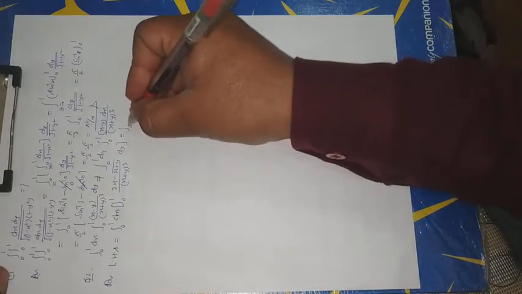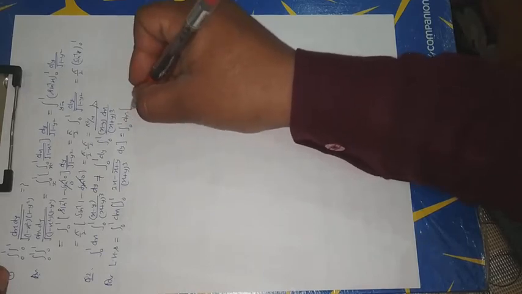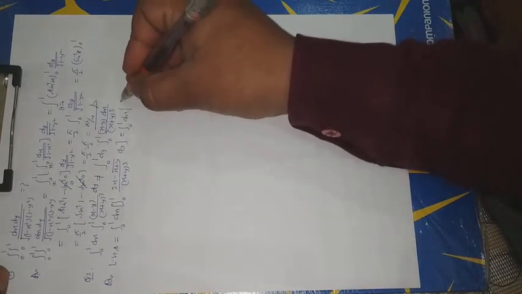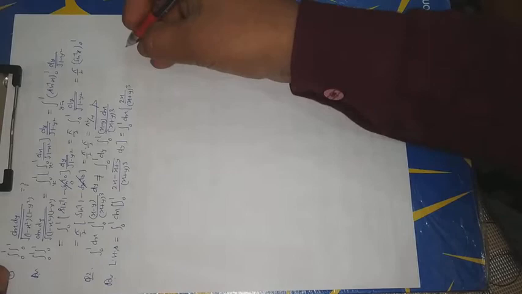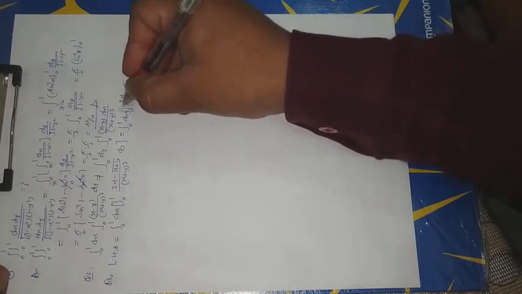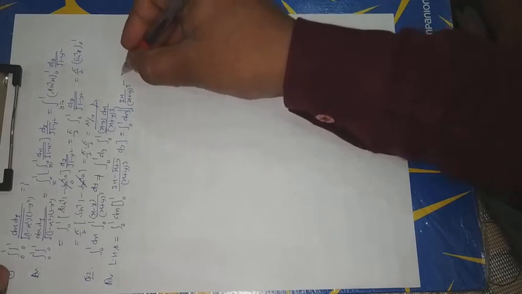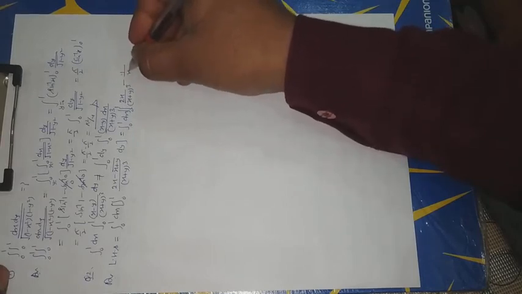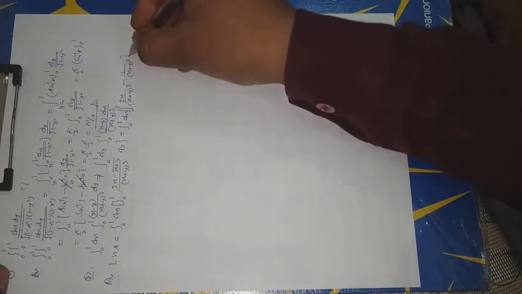Now integral limit 0 to 1 dx, now 2x upon x plus y whole cube minus integral limit 0 to 1, minus 1 upon x plus y whole square dy.